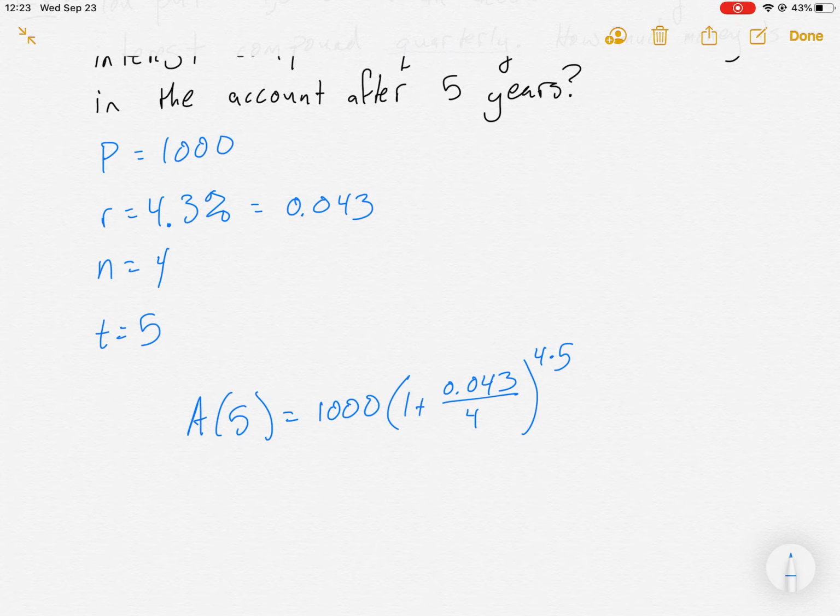So that means I would end up with, let's do that on the calculator, 1,000 times, I'm doing this on my calculator on my computer.